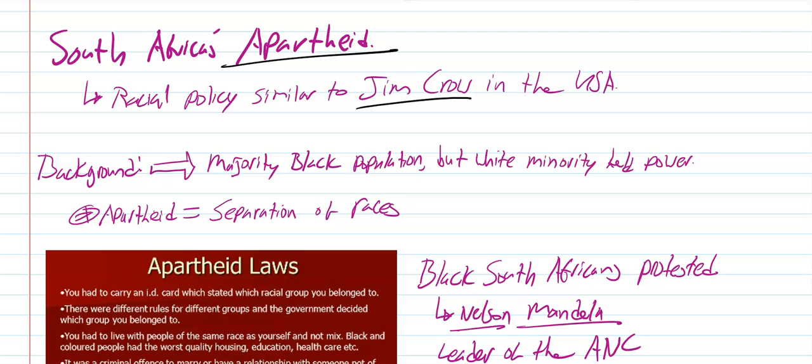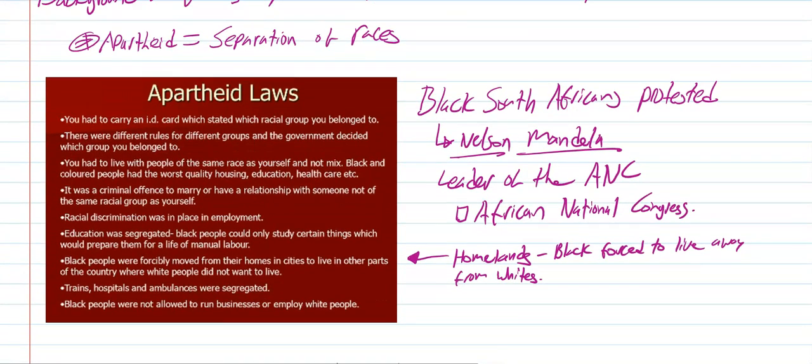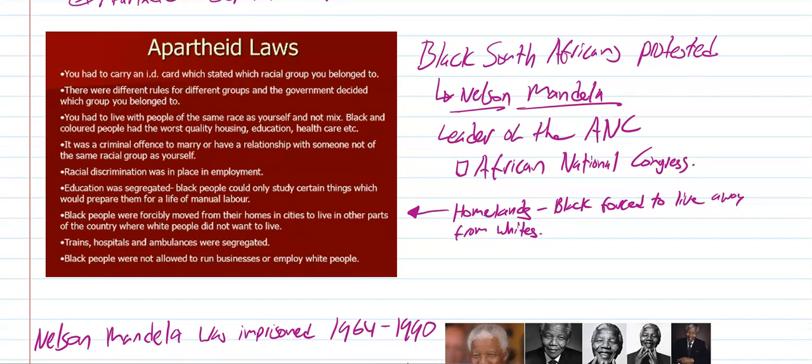Nevertheless, it's still very much a racial policy that caused huge problems in the area, and still today they're picking up the pieces largely of that. And so apartheid is a word that means separation of races. You can see this word apart in there. So it's a policy of segregation.